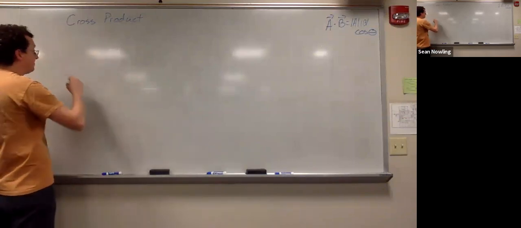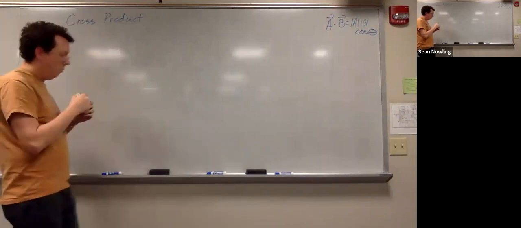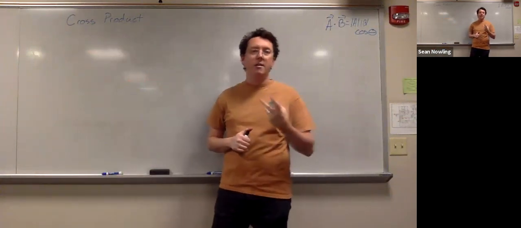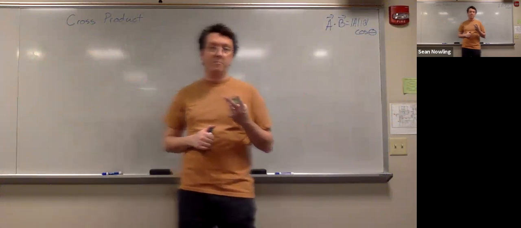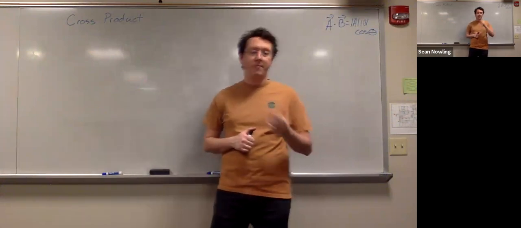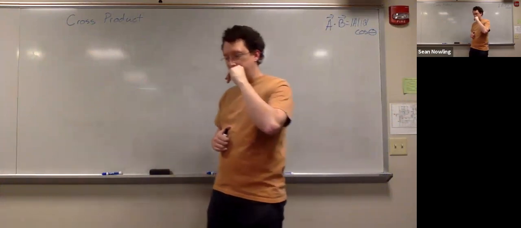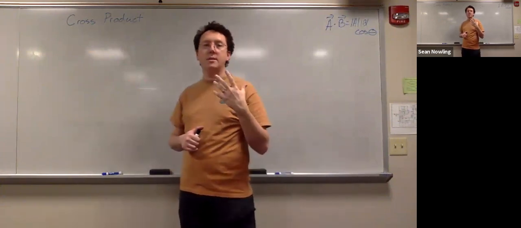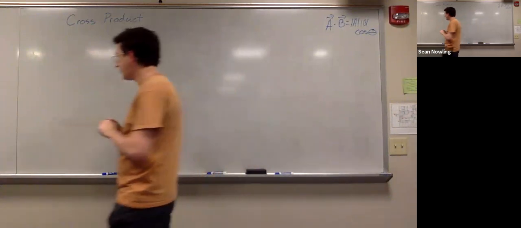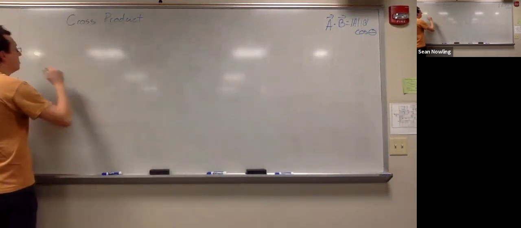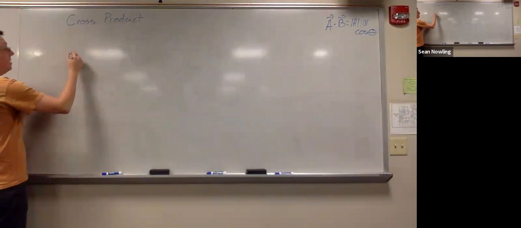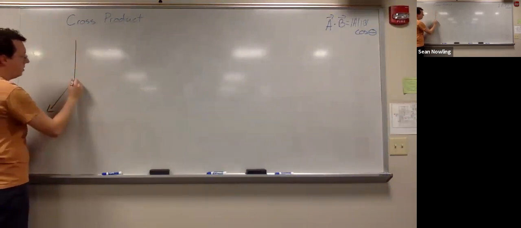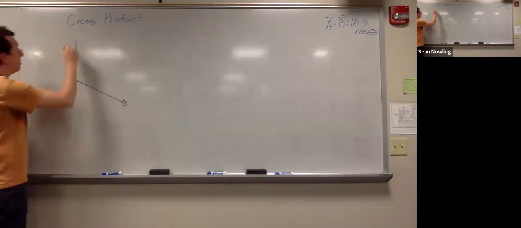Now, one of the tricky things with cross products is that they are inherently three-dimensional beasts. You just always have to deal with 3D stuff. So here's going to be the deal. Let's imagine that you have 3 dimensions, and we always use a right-hand coordinate system.